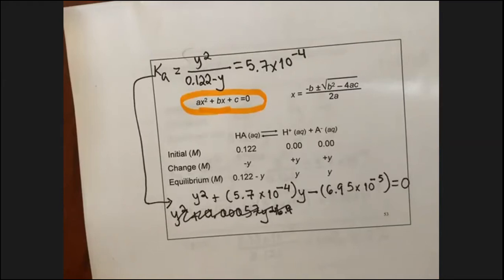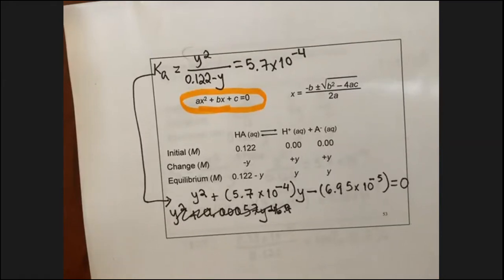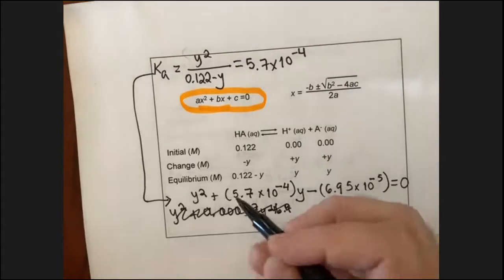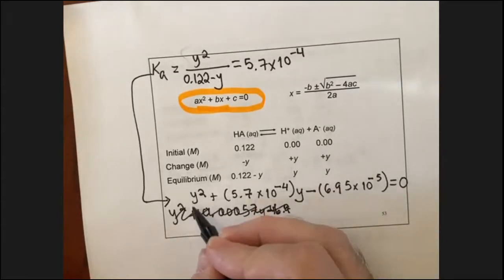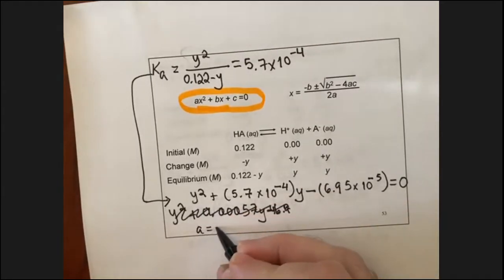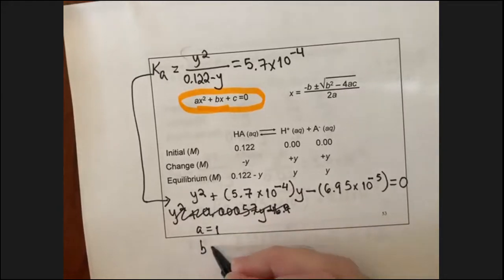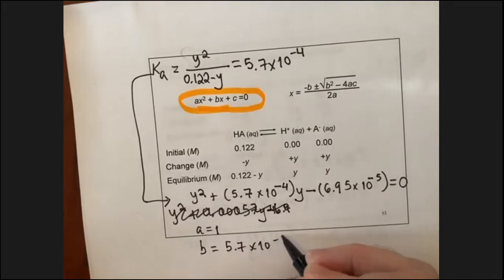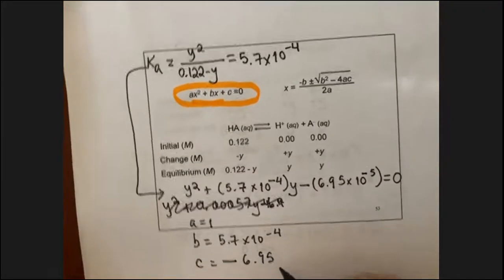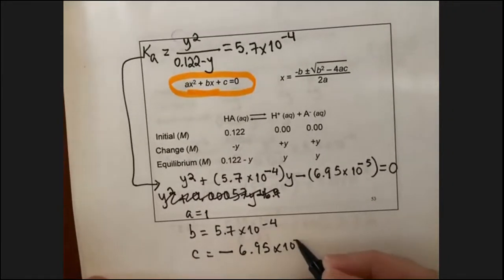All right. So now the key is we had to find solutions. So you're going to substitute these. So remember, this is A equals 1, B equals 5.7 times 10 to the minus 4, C equals negative 6.95 times 10 to the minus 5.